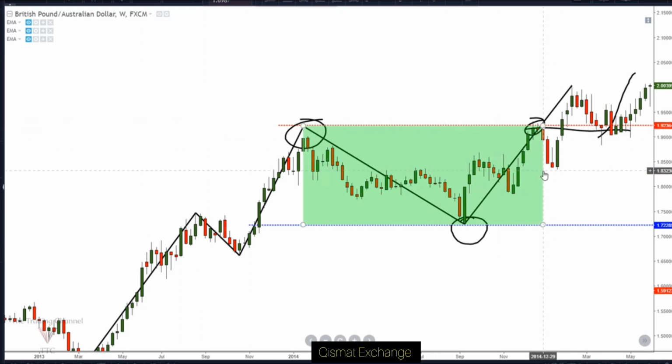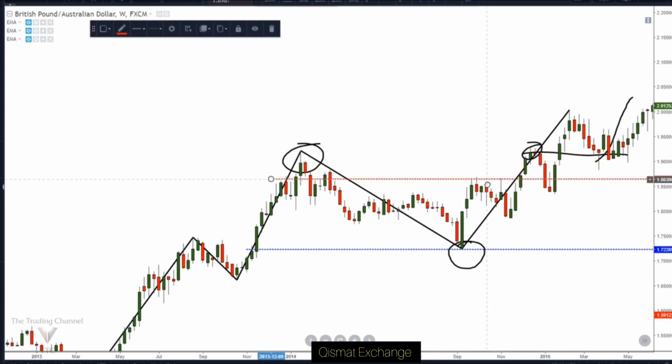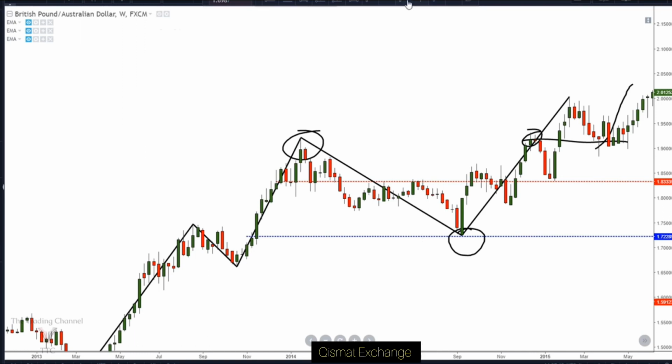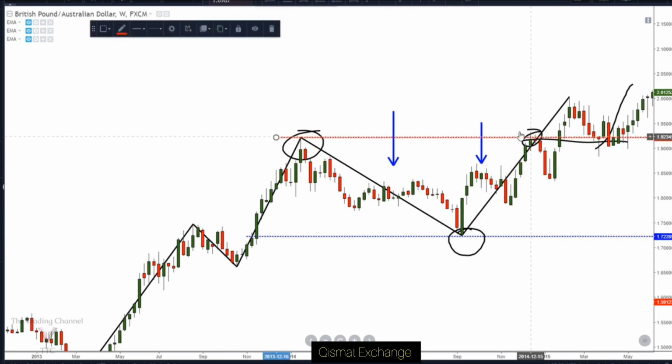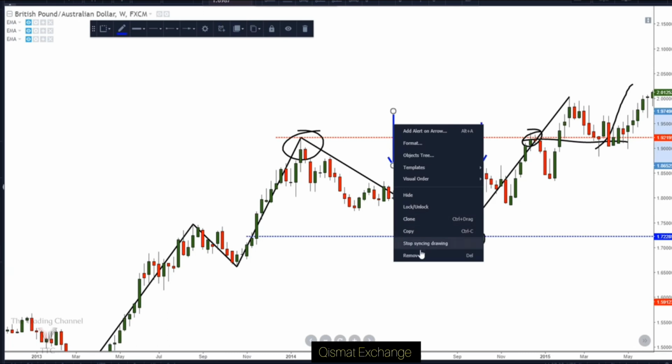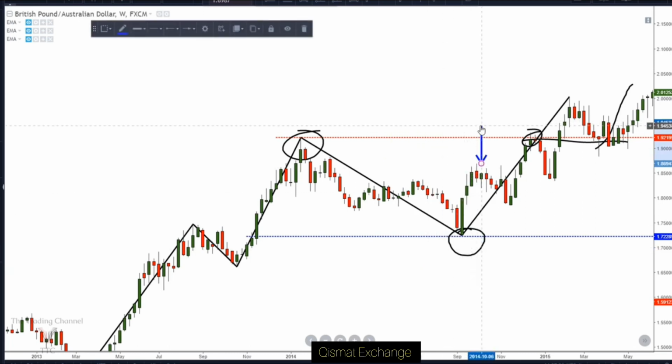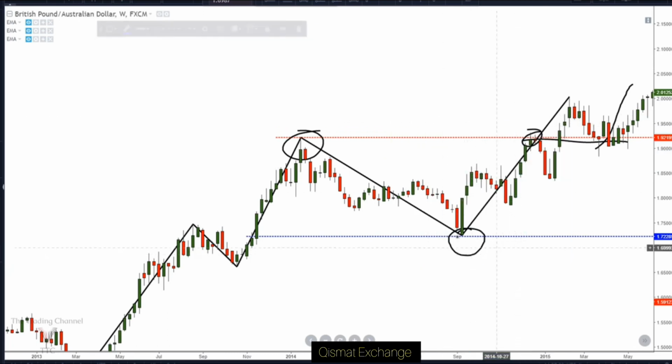Other examples of that would be right in here, because that level has acted as resistance before, and even this lower level represented by our blue line. Any of those levels are highly likely places for the market to continue in its uptrend or in its current trend, which for the moment on the pound Aussie here is up.